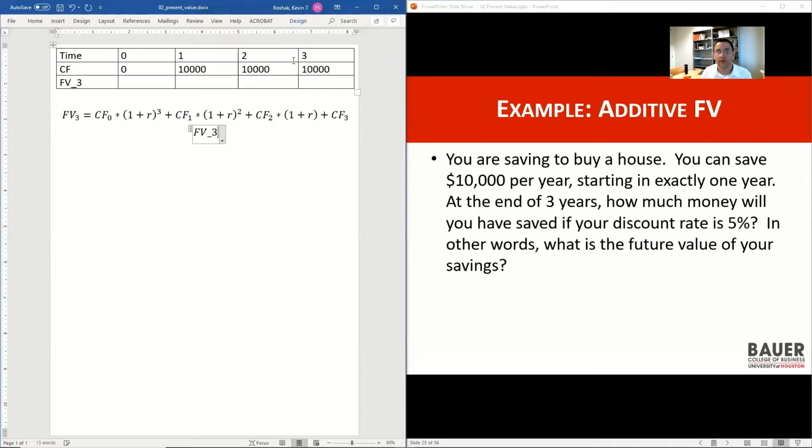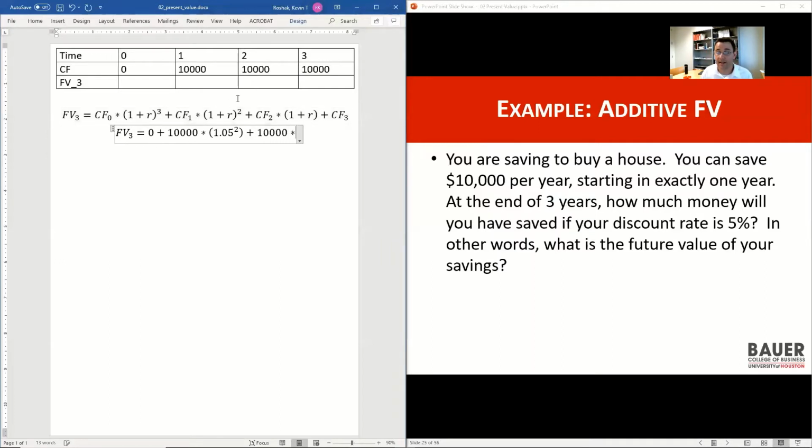Okay. So the future value at time 3, how much cash do we have at time 0? Well, we have $0 at time 0, so cash flow at time 0 is just 0. You can ignore the rest. Then we get $10,000 at time 1. We multiply that by 1.05 raised to the 2. Right? We have to bring that first cash flow 2 periods to get to time 3.